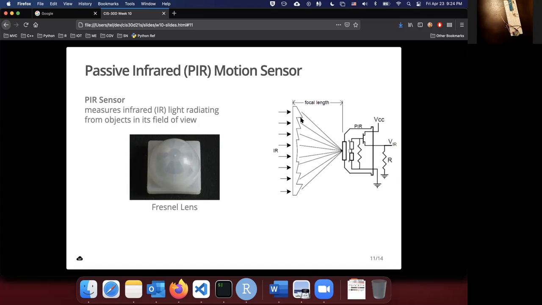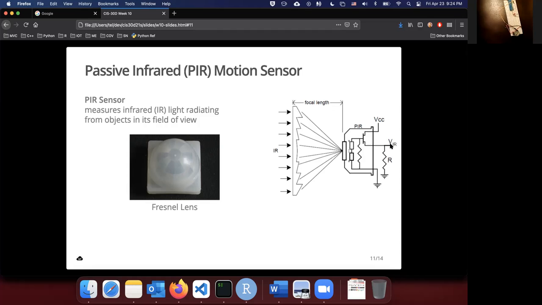This is made so that the light will be focused onto the light detection element right here, behind the lens. This is the focal length from the surface of the lens to the element that absorbs the light, and this is the part that will generate a voltage difference.